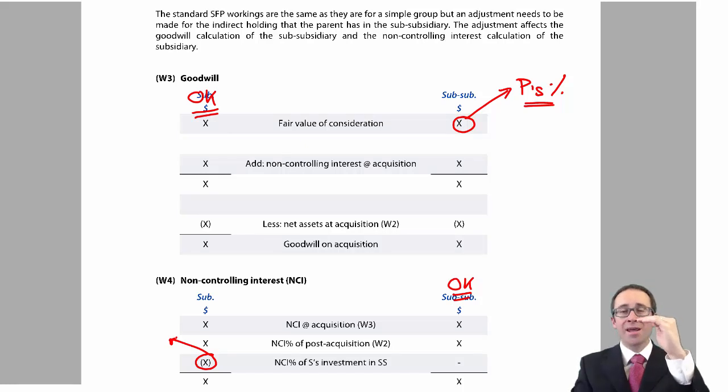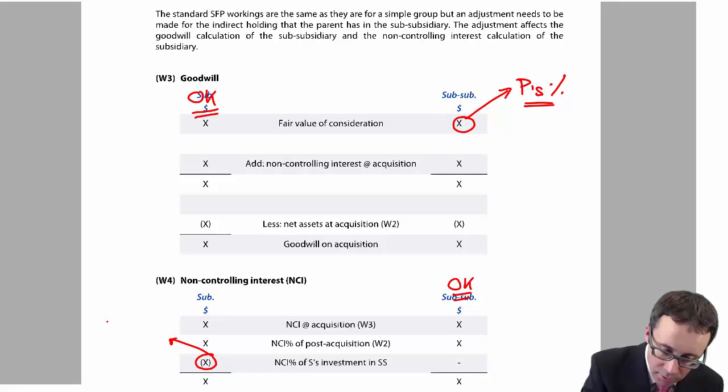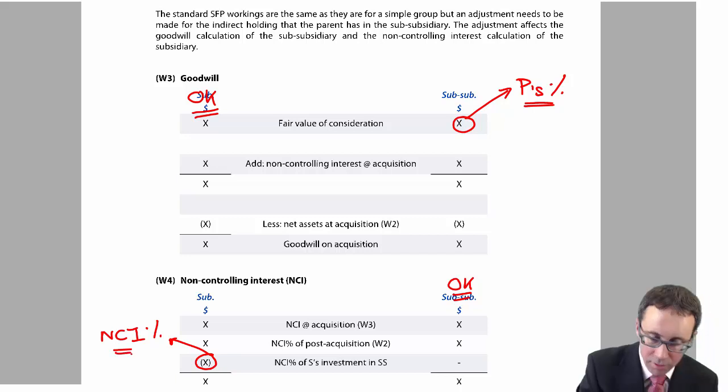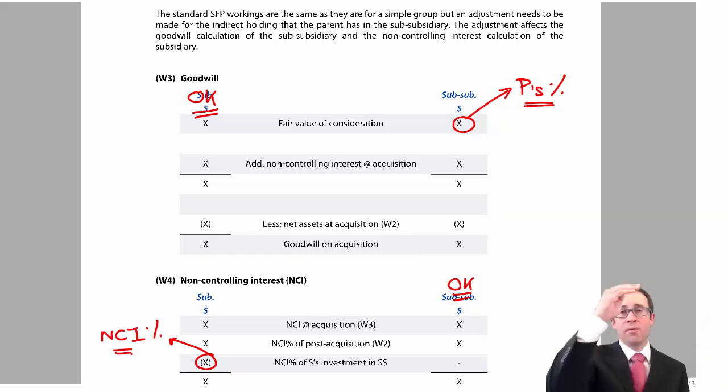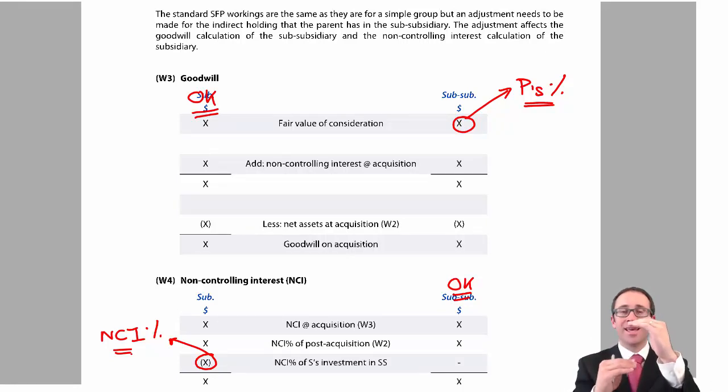We need to remove anything to do with the sub-subsidiary. So we're going to remove the non-controlling interest share. If the parent owns 80% of the sub, we're going to eliminate 20% of the investment that S has in SS. We are removing that from the non-controlling interest in the sub because we want the pure sub only. We don't want anything to do with the sub-subsidiary.